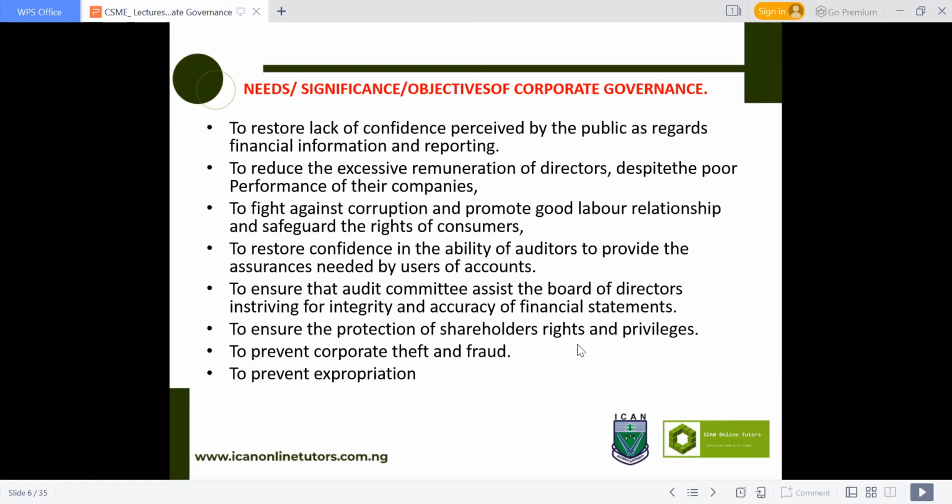So the people in the UK started shouting and pressuring the government that you need to do something. The response of the government then was that they banned corporations, meaning that companies were not allowed to issue shares. But their counterpart in the US still allowed companies to issue shares.